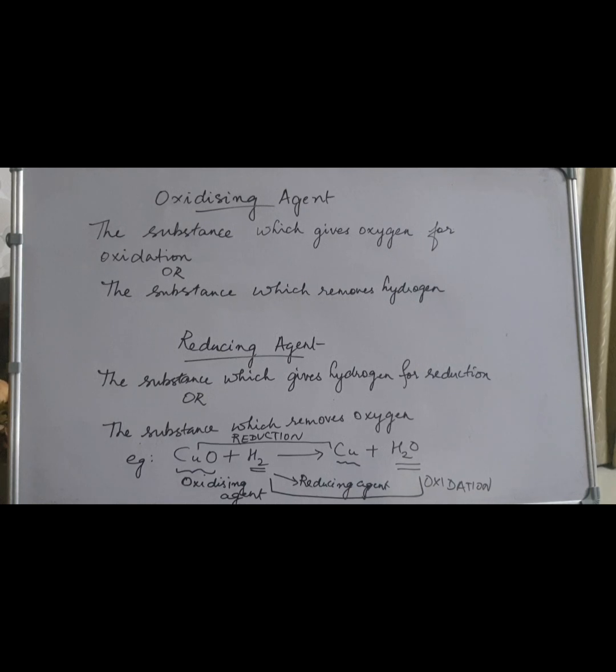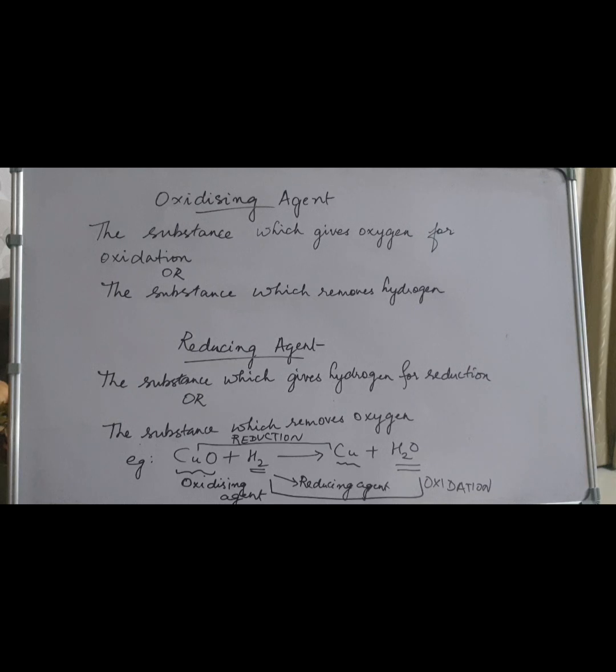So we have covered all the types of chemical equations. The first one is combination. Second you have learned is decomposition, in the presence of light, the presence of heat, and in the presence of electricity.